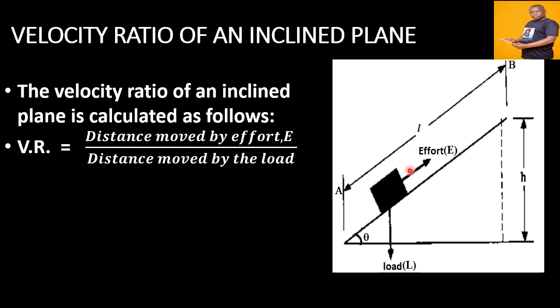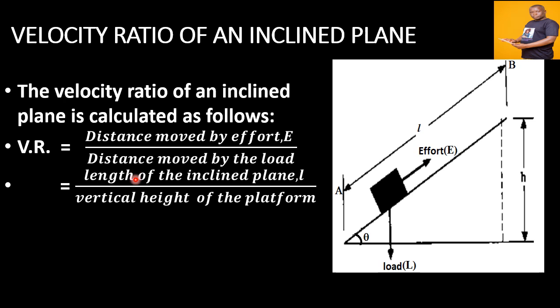So all you have to do, if you're given enough information in terms of distance through the plane and the height, to find velocity ratio of the inclined plane, just divide the distances. What you find is velocity ratio.